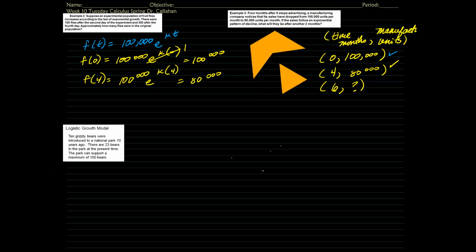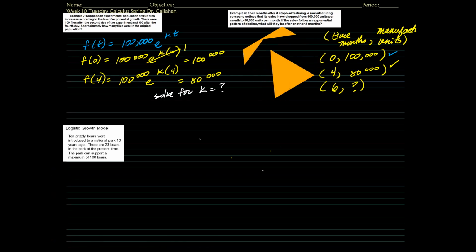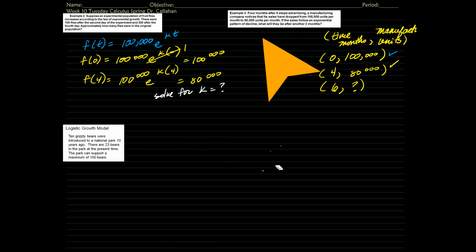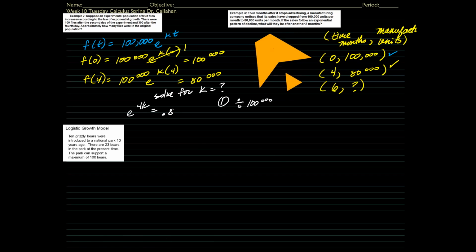My goal here is to solve for k. So my first step is to divide by 100,000 on both sides. Then I'm left with e to the 4k equals 0.8.